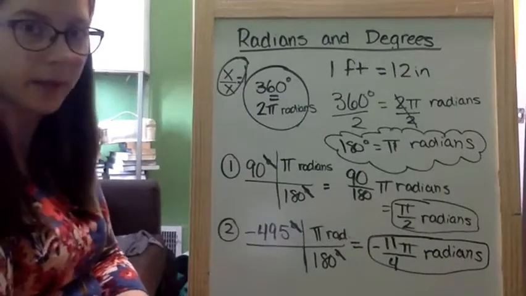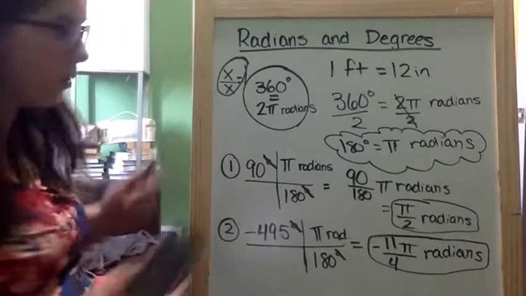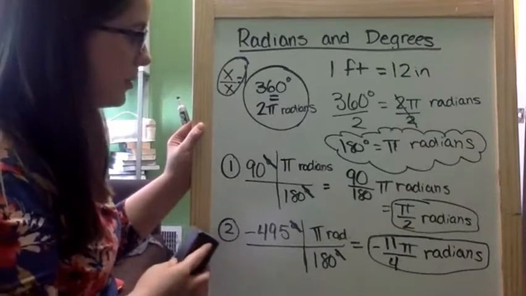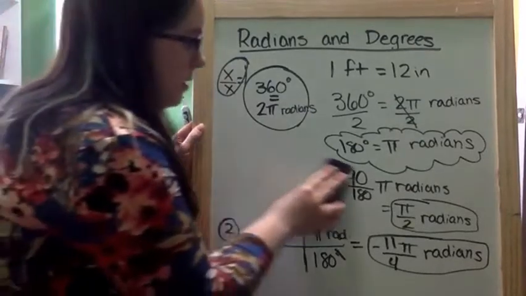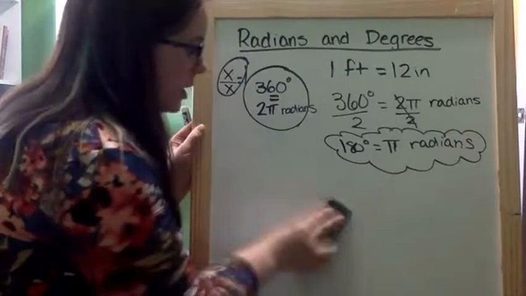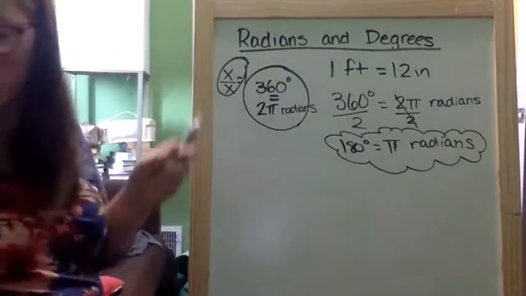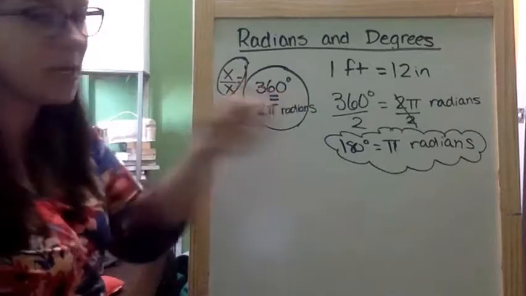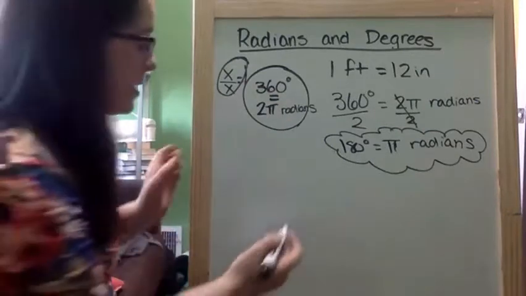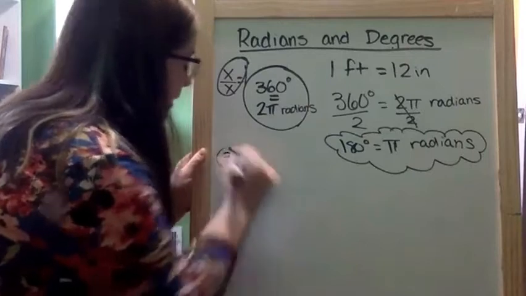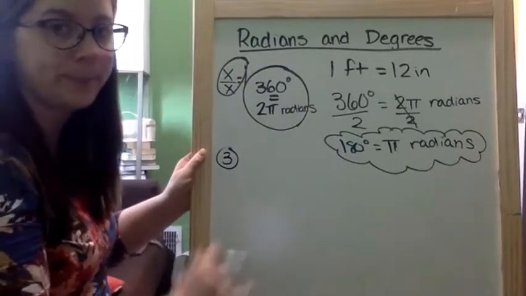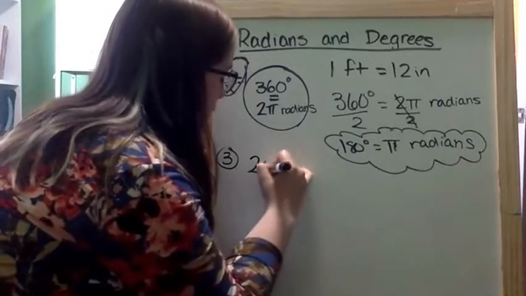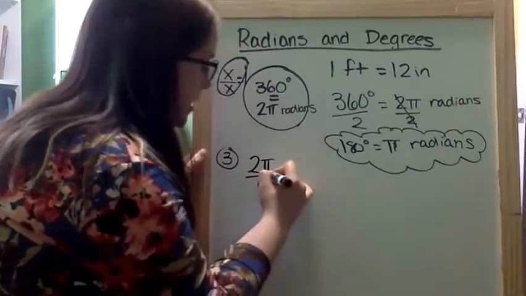What about the other way? What about going from radians to degrees? We're still going to use the same identity, the same equality, that 180 degrees is equal to pi radians. So let's start with 2 pi over 9 radians.